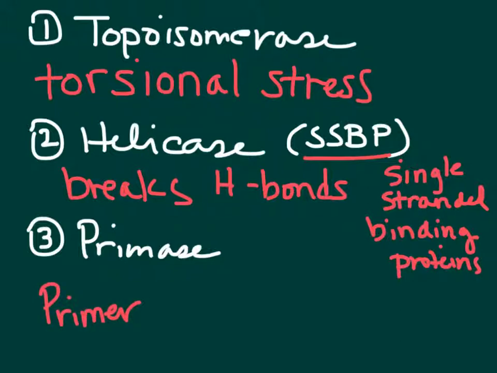So that primer that gets attached is attached by the enzyme primase. So primase attaches a primer of RNA. So it's not a DNA primer, it's an RNA primer. You'll notice helicase and primase. Their names are related to their functions.